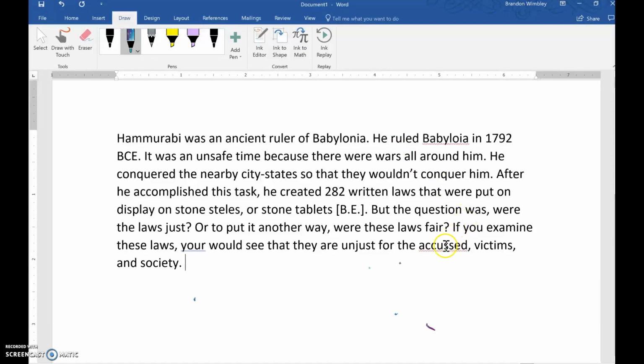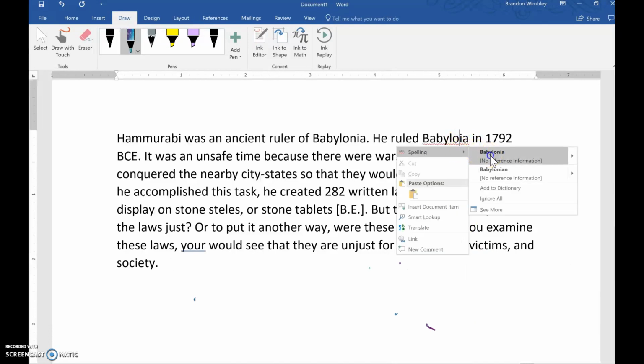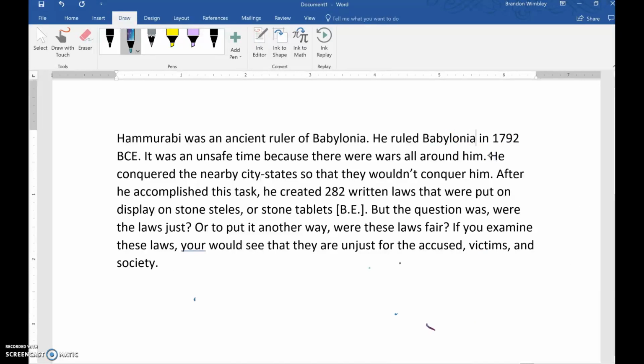Now, let's go back and do some corrections. The only information I got was from the background essay. So our background essay is fine because we have cited that. If I look here, I will notice that this is my thesis statement. Ooh, let's fix that because I have it as a UR, and it should be a U. So here we have our thesis statement.